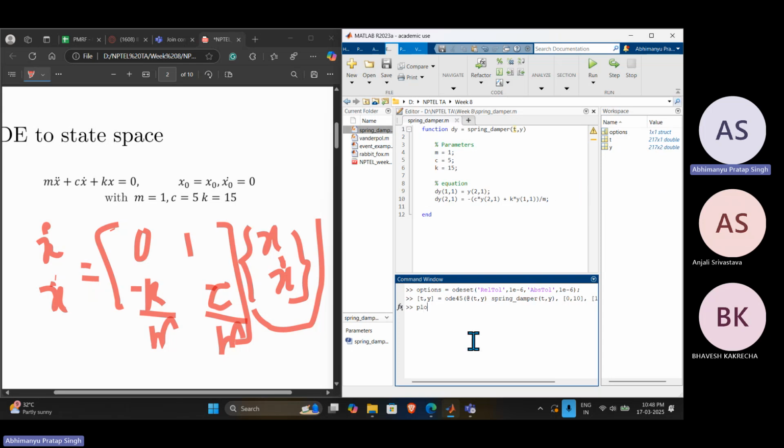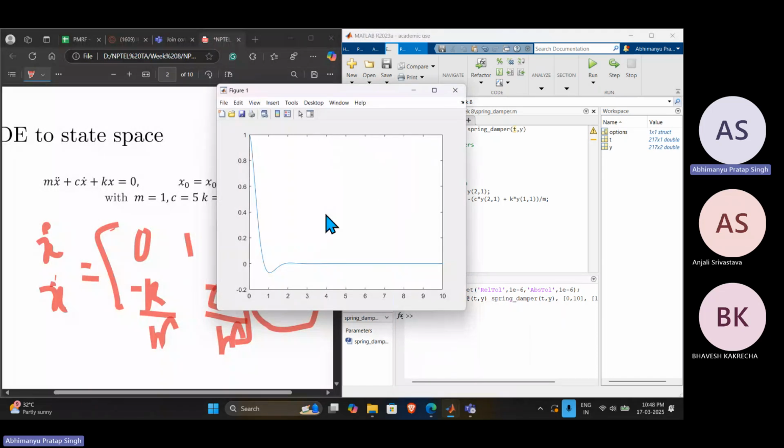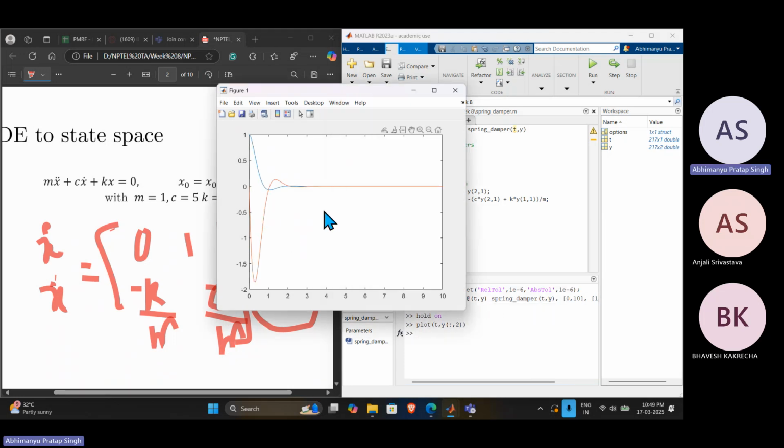Now if I try to plot this, sorry, my laptop is a little slow. Yeah, so this is the position, and similarly this is the velocity.